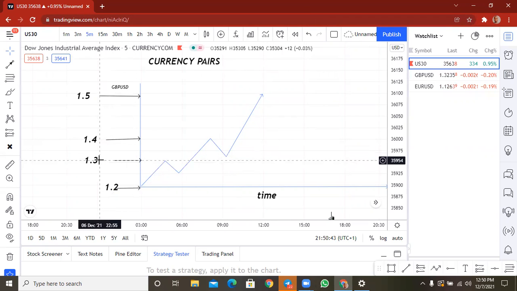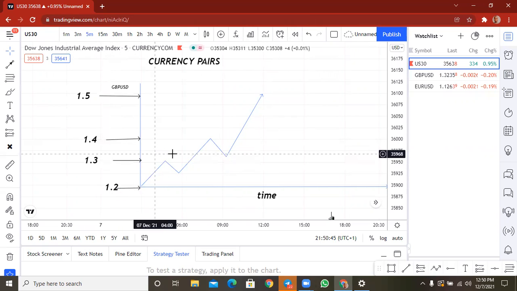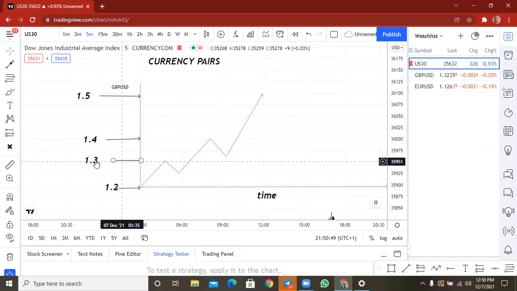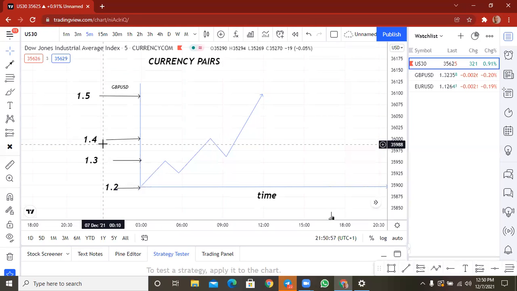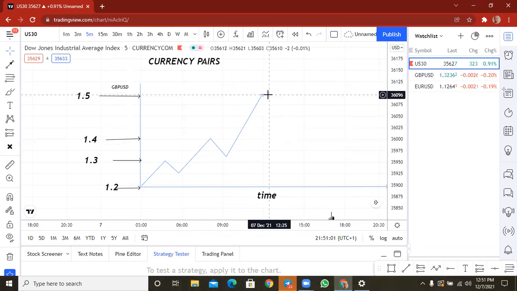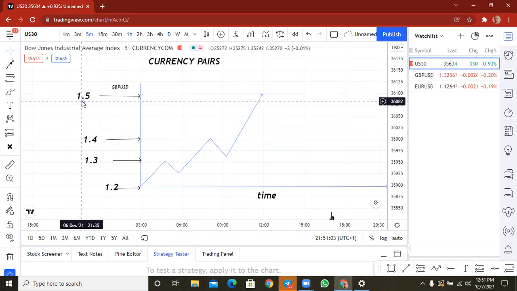And right at this moment, at this time where it has risen a little bit higher, we have £1 equals 1.3 USD. When it rose even higher, we had £1 equals 1.4 USD. And when it rose even higher to this point, we had £1 equals 1.5 USD.